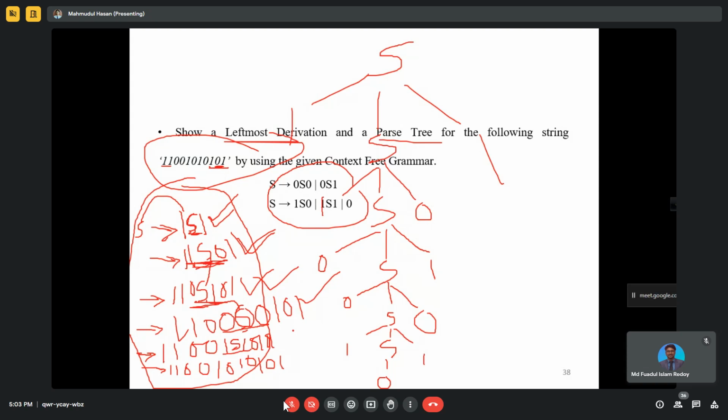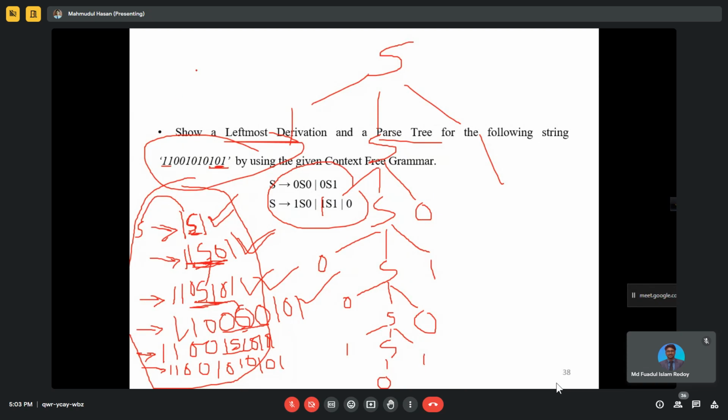You can consider this one leftmost, no problem. You can consider this one rightmost, no problem. Got my point? If you have only one, how can you decide leftmost or rightmost? Same.